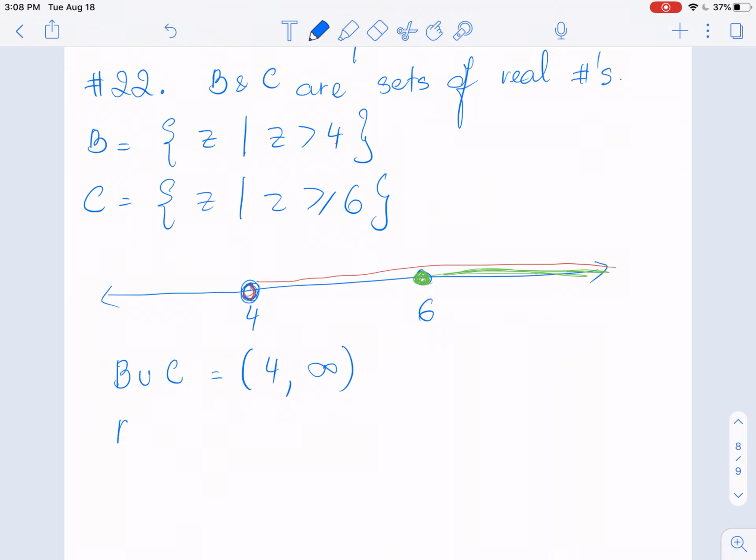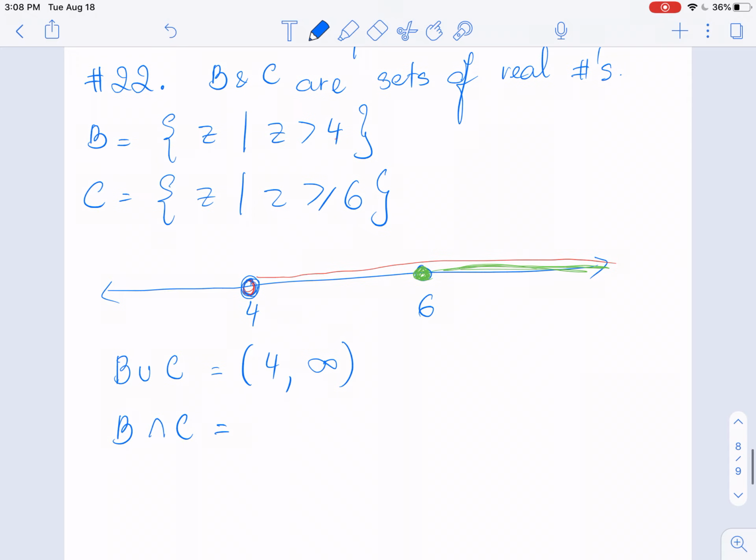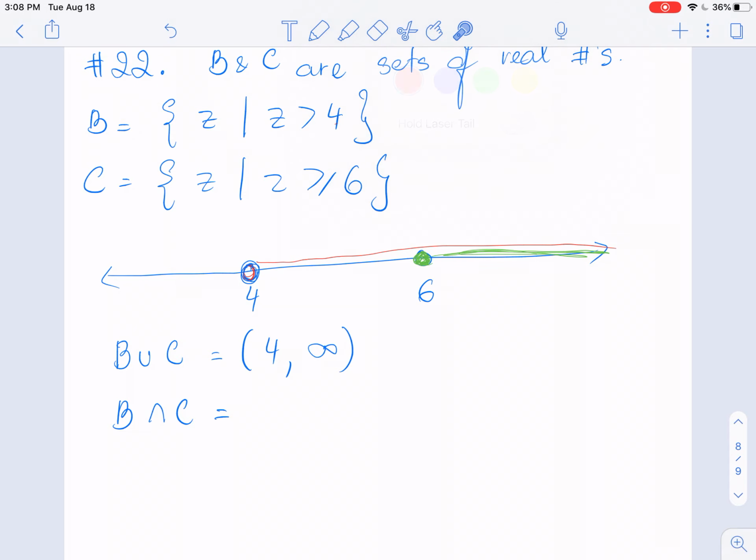For 6, we have B intersect C, which is the intersection of B and C. For intersections, you have to see where both colors intersect, which is right here. Therefore, for the intersection, we start at 6 and go to infinity. And we have the bracket for 6 because 6 is included.